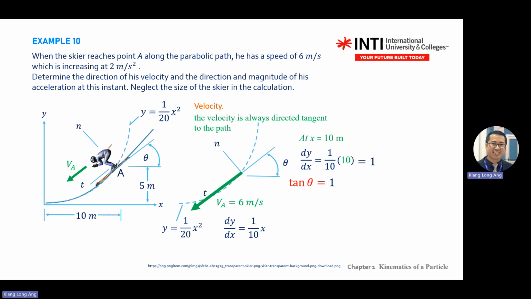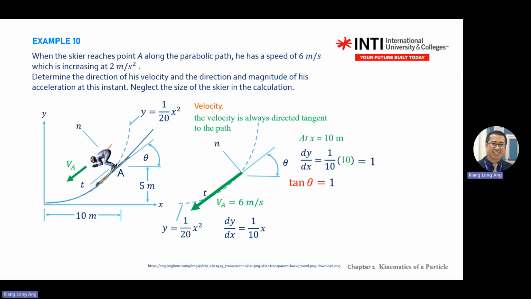So basically, the angle here: at x equal to 10, you substitute the value into dy dx. Your x is 10, so substitute 10, you get 1. So what is dy dx?